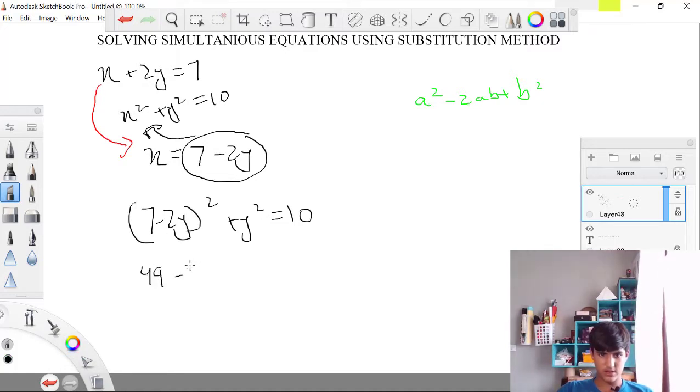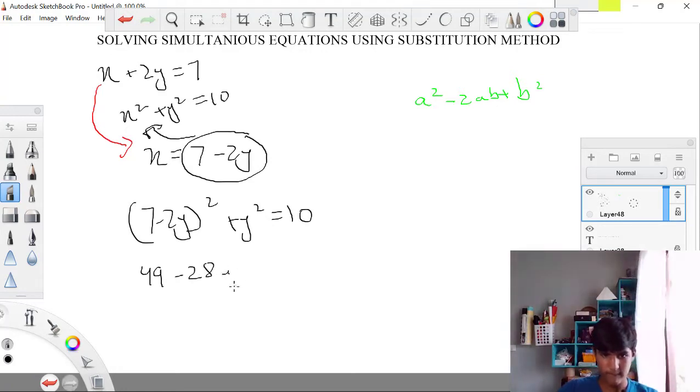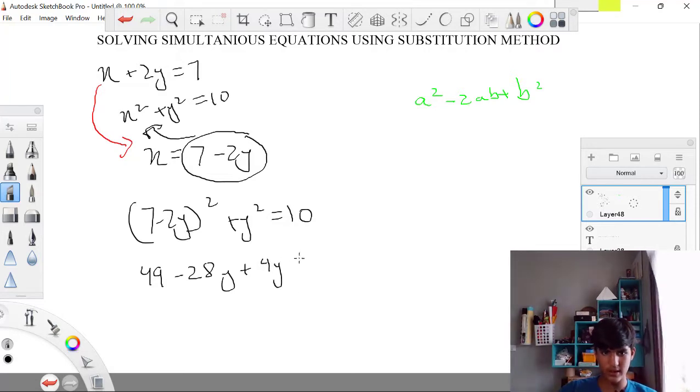49 minus, so 2 into 7 is 14, and 14 into 2 is 28. So that's how you apply 2ab. So 28y plus 2y square, which is 4y square.